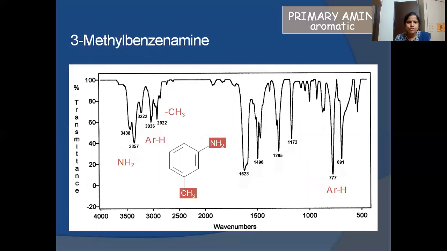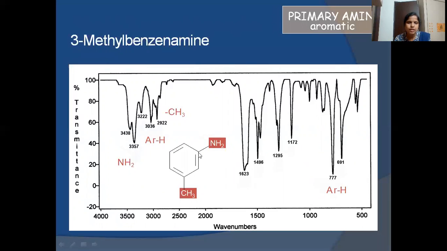Then another example of primary amine only. Why we have taken another example is, again it is primary amine. So these are the two bands for NH2 stretching. And here you can see just above 3000, that means it is 3036. So this is due to Ar, Ar stands for aryl group here, that is aromatic ring.